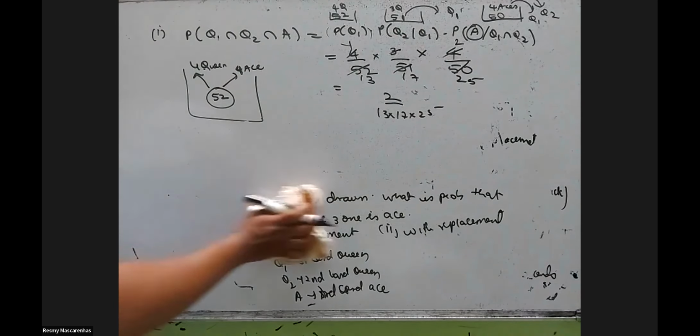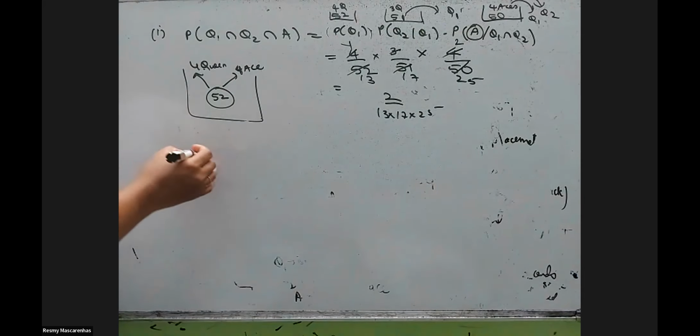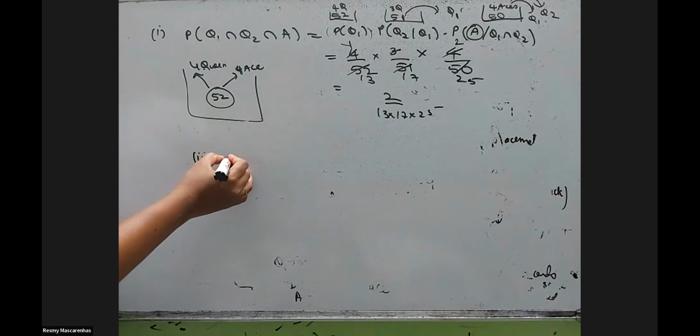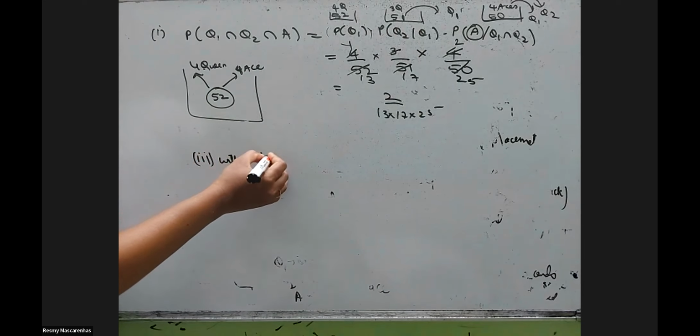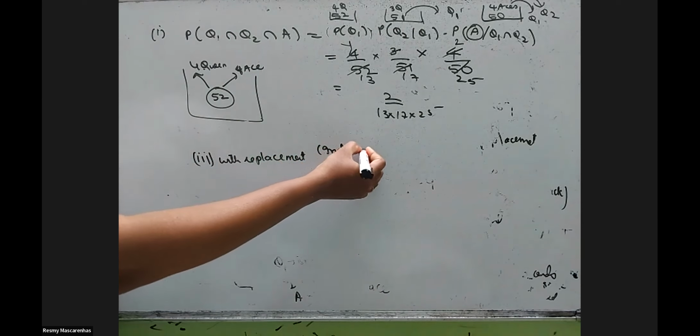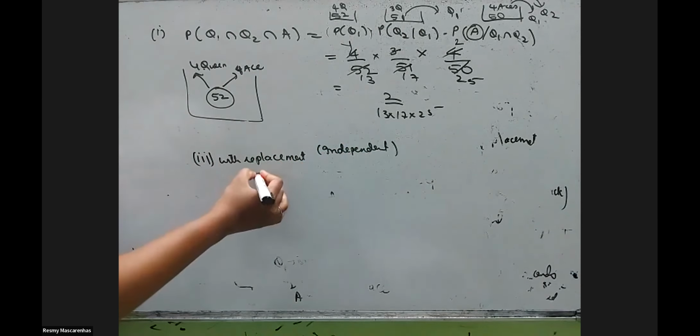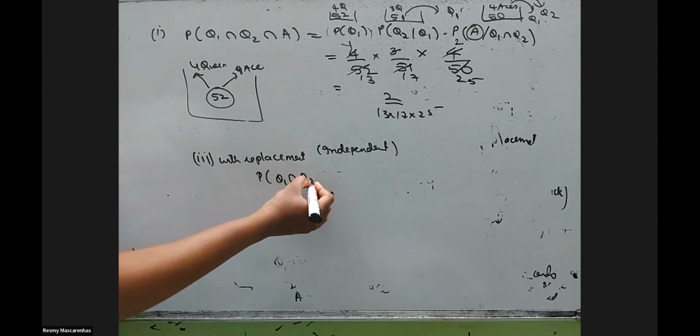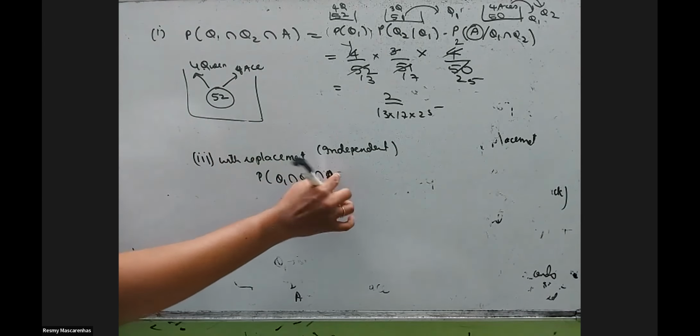And then with replacement, independent events, we directly have to multiply.